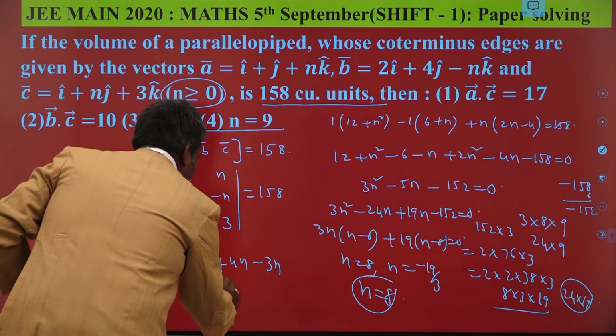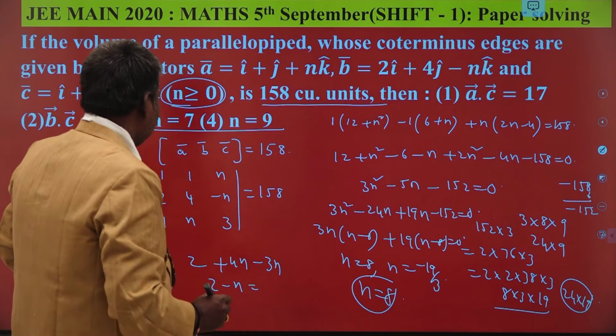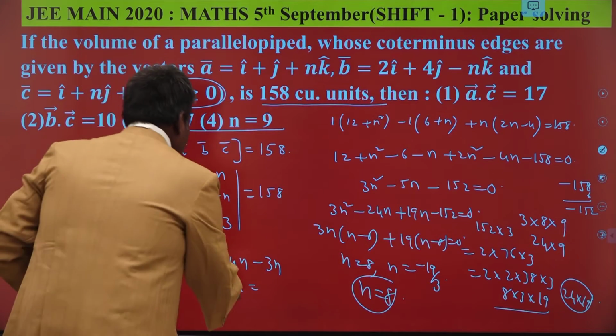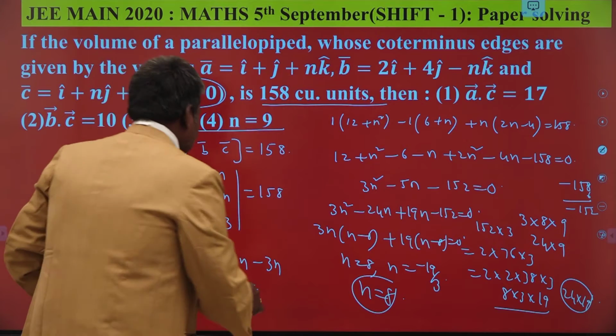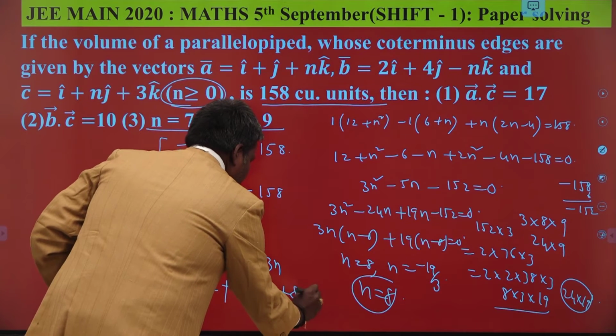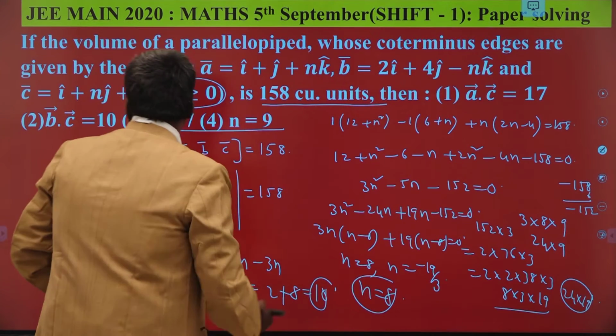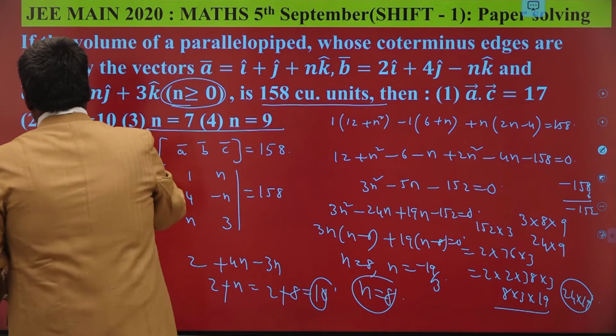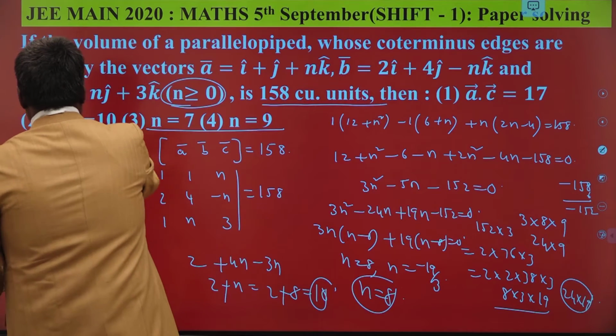It is nothing but 2 plus n, that is 2 plus 8, which is 10. So b bar dot c bar equal to 10 is the correct option.